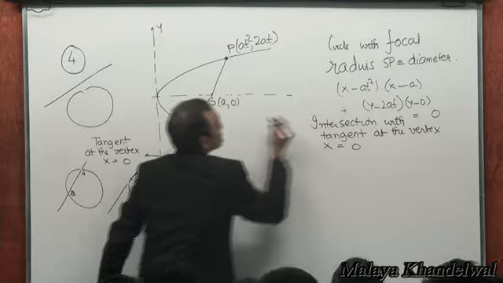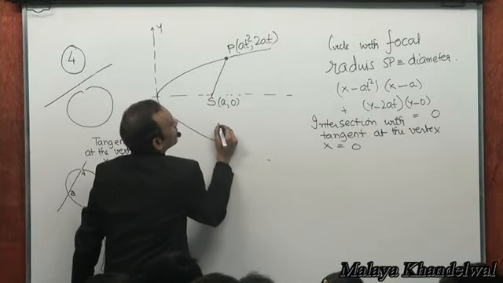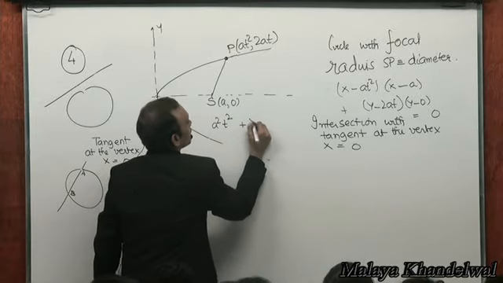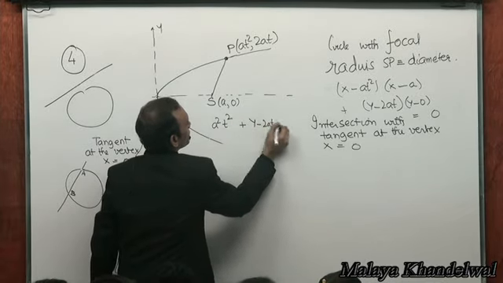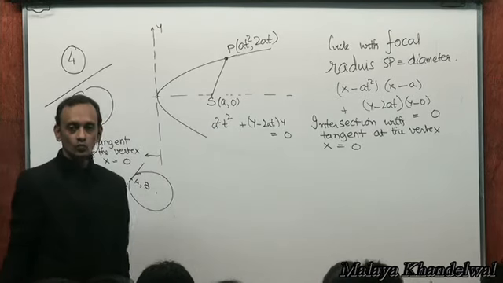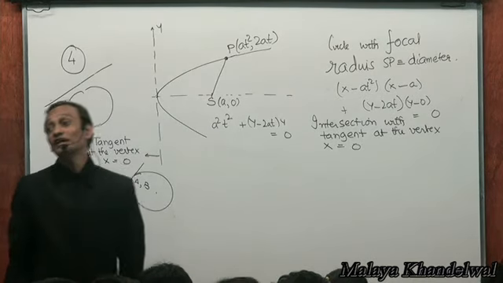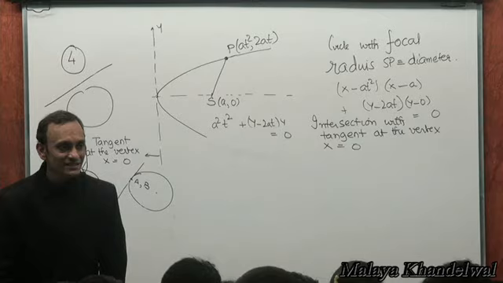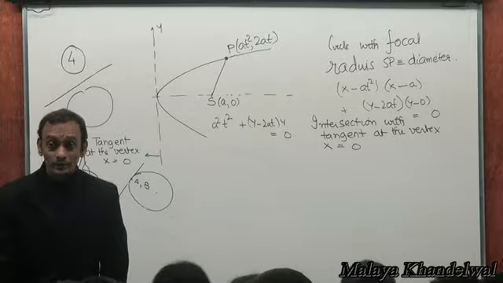So plugging in x equal to 0, I get a squared t squared plus (y minus 2at) into y is 0. That will give me the y of the intersection between the circle and the tangent at the vertex, right?